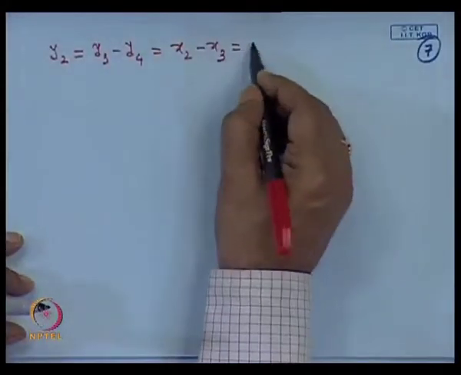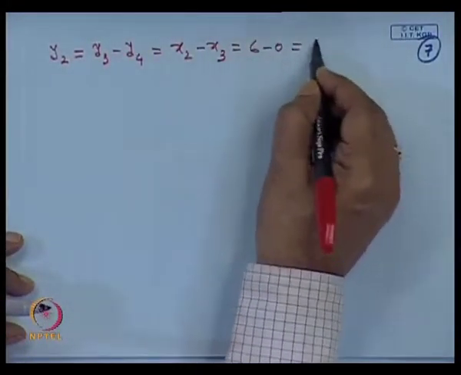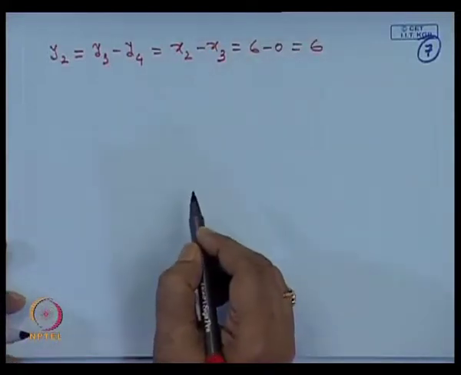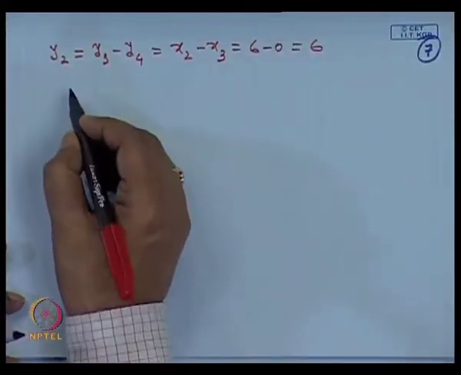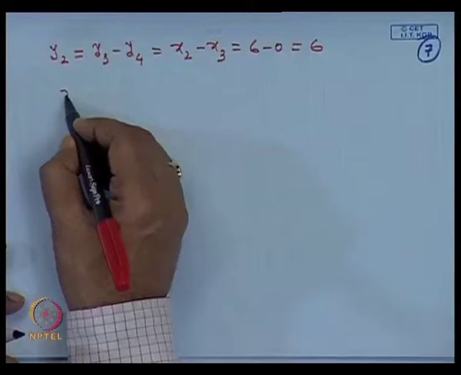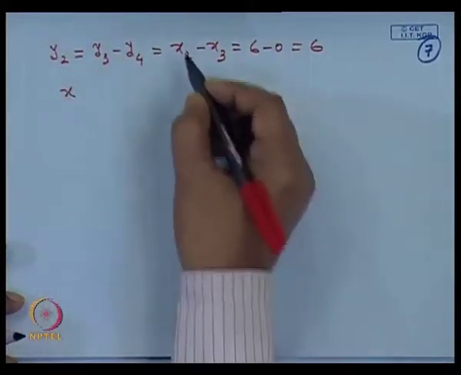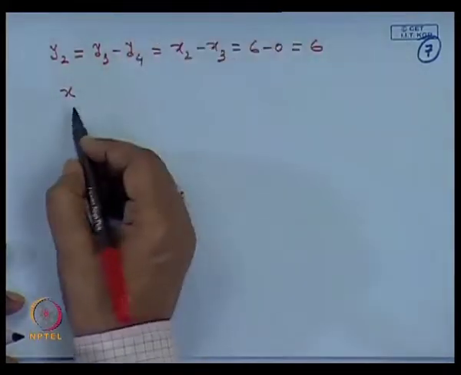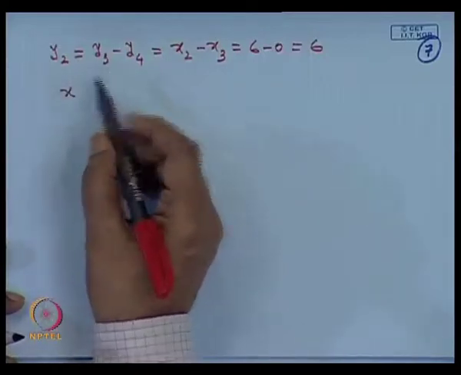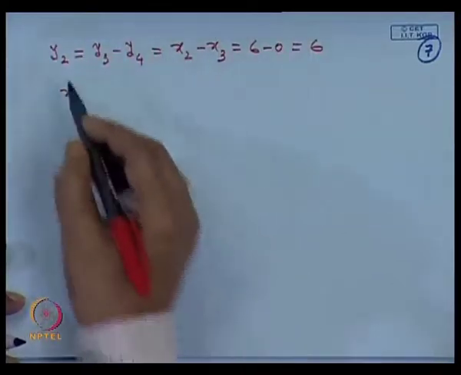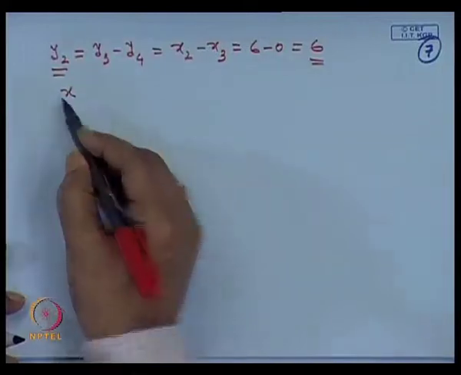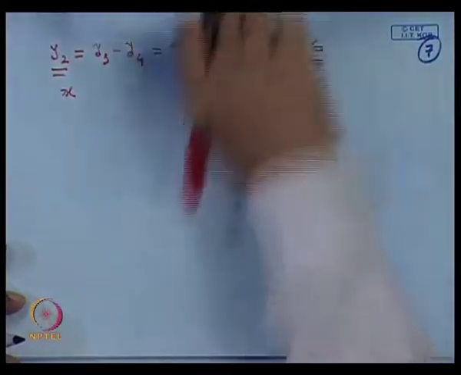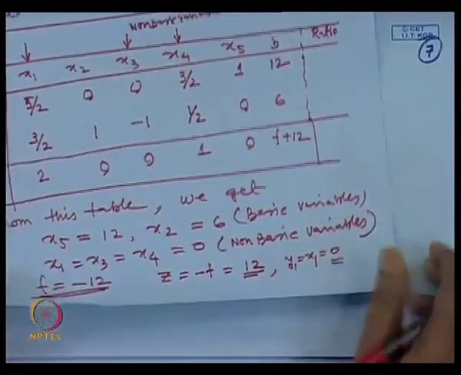So, 6 minus 0 is equal to 6, so y 2 value is 6, and y 1 value is 0.